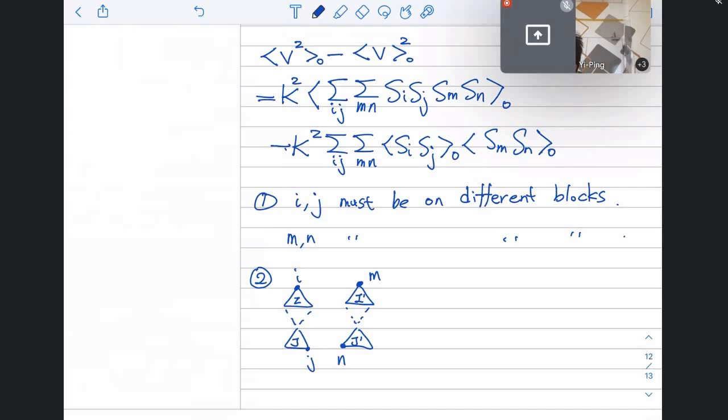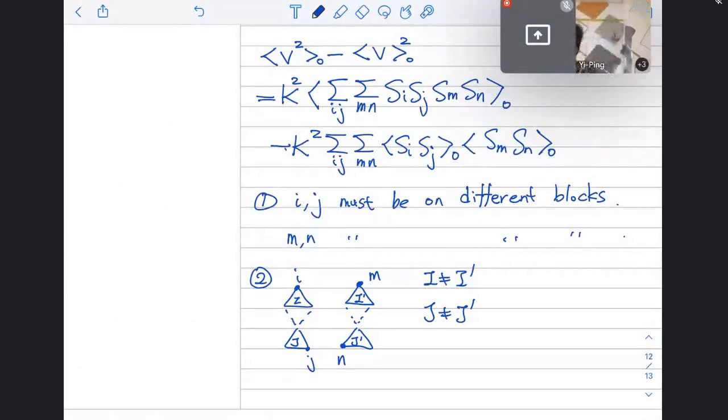At the second order, we consider the case where I is not equal to I prime, and J is not equal to J prime, which means that these two pairs of triangle pockets are basically separated.